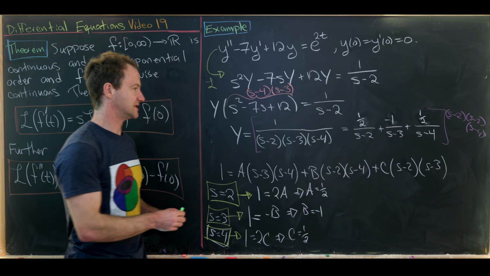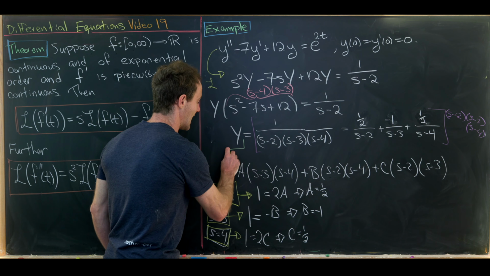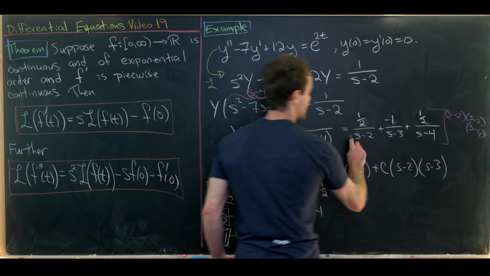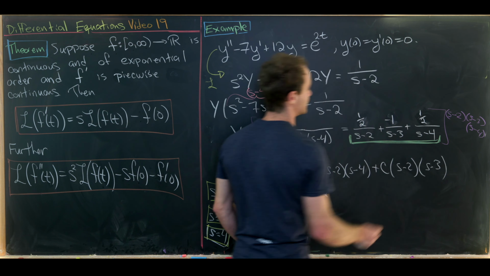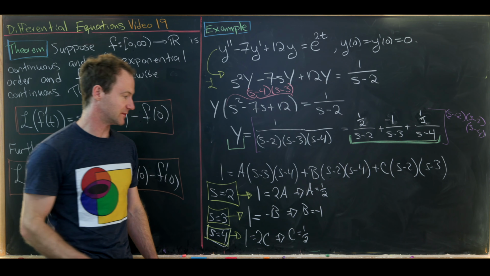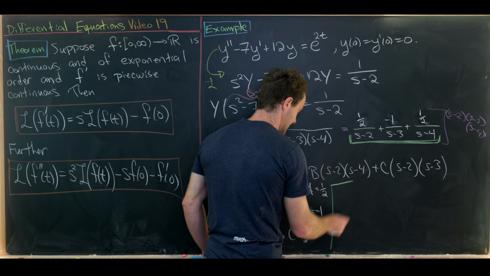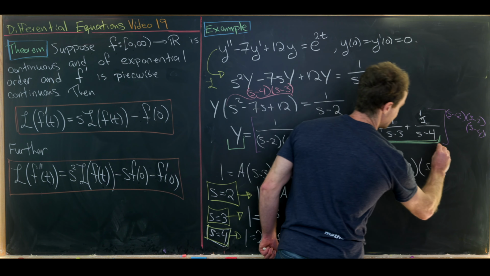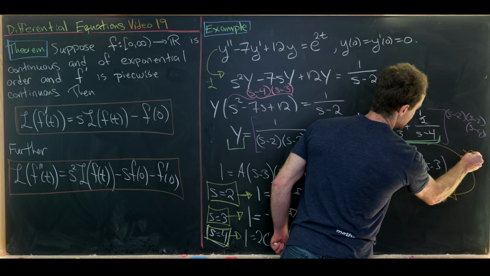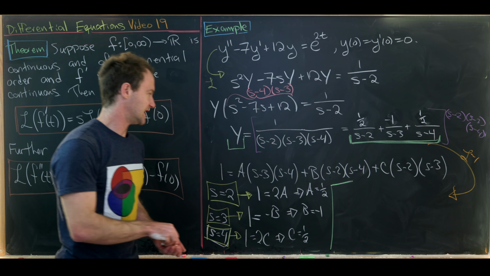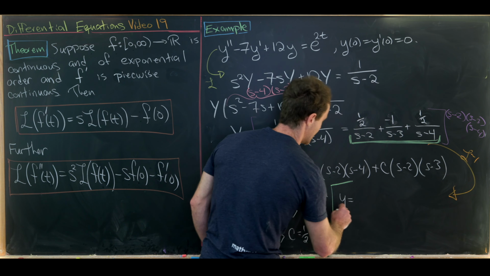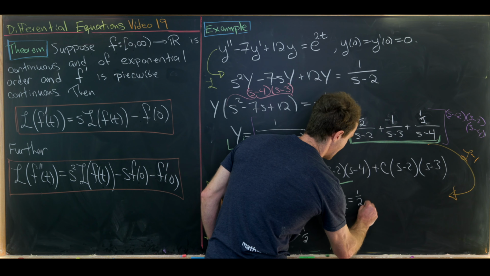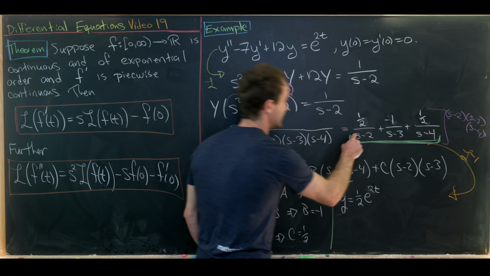So now what we'd like to do is notice that actually what we have is capital Y is this rational function right here that has been ripped into pieces using partial fraction decomposition, and it's set up perfectly to take the inverse Laplace transform. So let's do that. If we take the inverse Laplace transform of capital Y, we get lowercase y, and then we'll have 1/2 e to the 2t from this term.